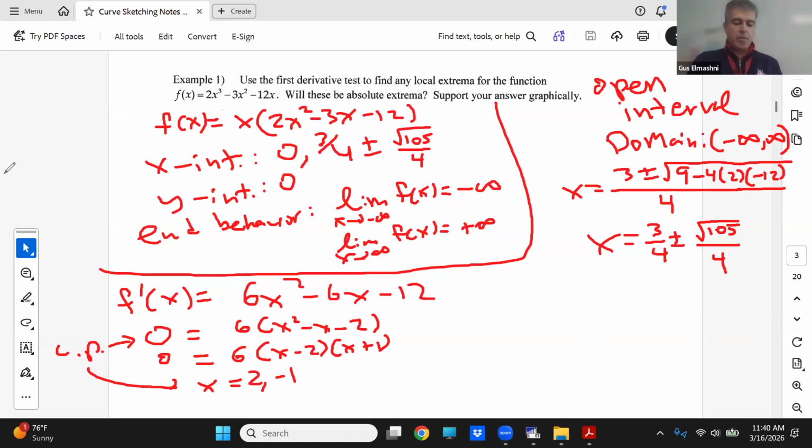Okay. So far, so good? Yeah? Okay. What am I going to do next? Sign chart. We do want those y values for sure. Okay.